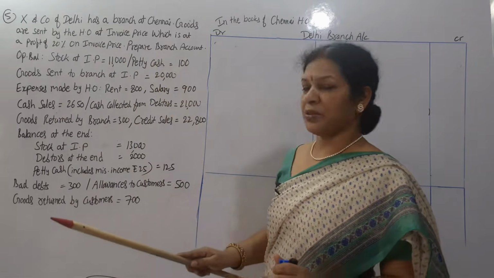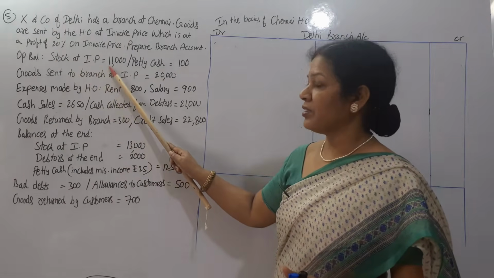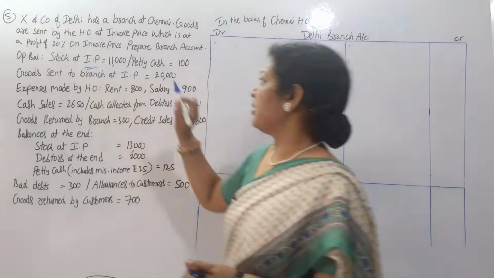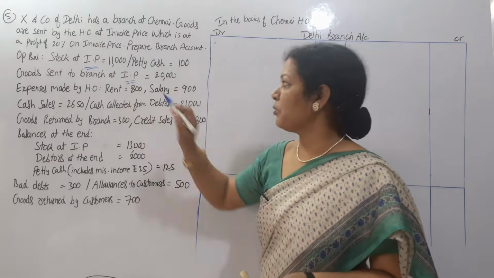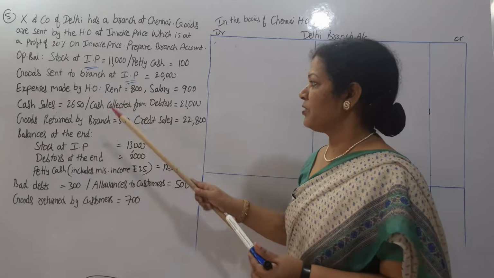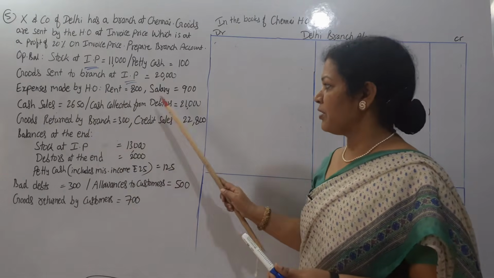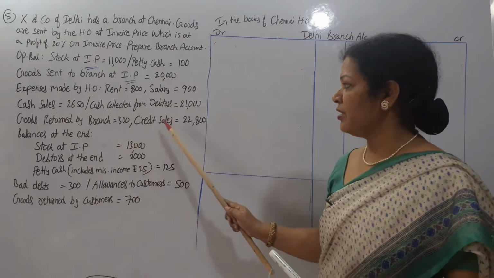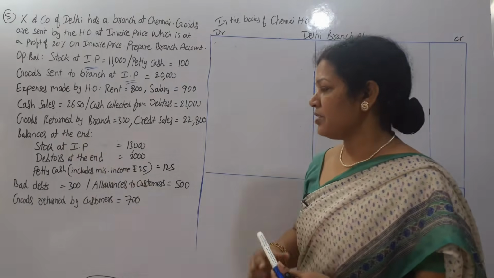Prepare the branch account. What is given to us? Opening balance of stock at invoice price, petty cash, goods sent to branch, this is also invoice price, okay. Expenses made by head office, rent, salary, cash sales are this much, cash collected from debtors is 21,000, goods returned by branch 300, credit sales 22,800 and balances at the end.